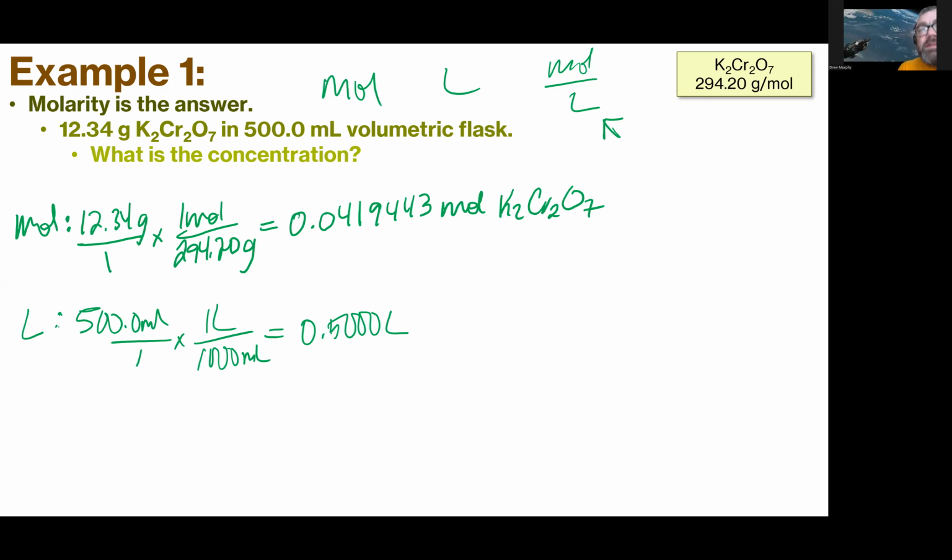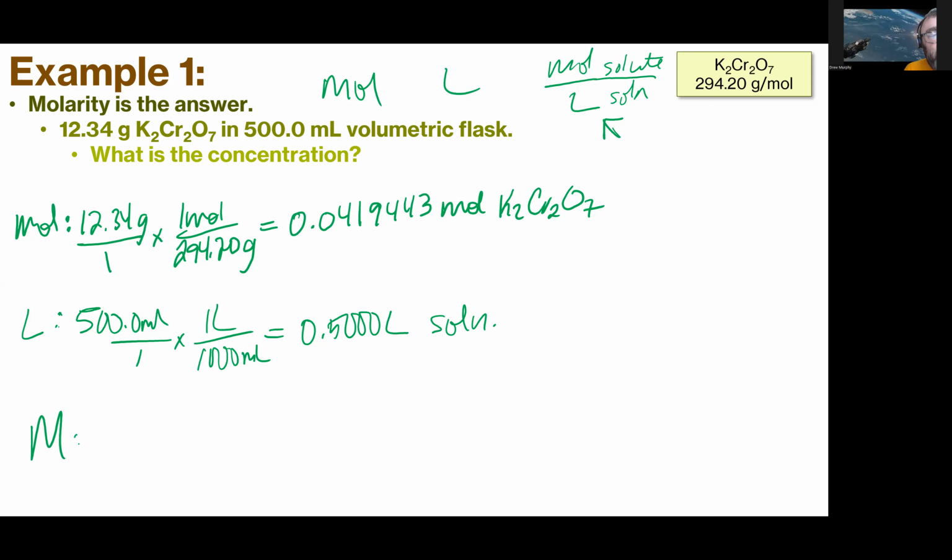This is liters of solution, which is what we need, because we want moles of solute, which is the potassium dichromate, and we want liters of solution. That's what we figured out. Lastly, we've got to figure out our concentration.